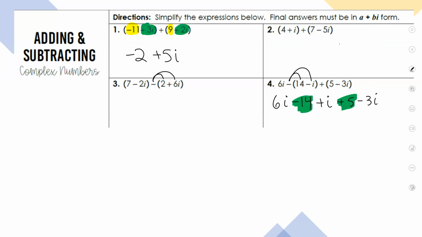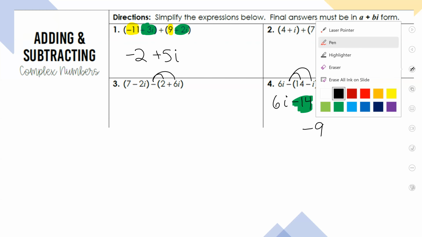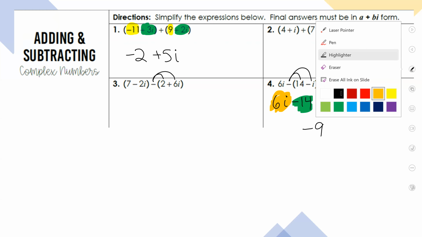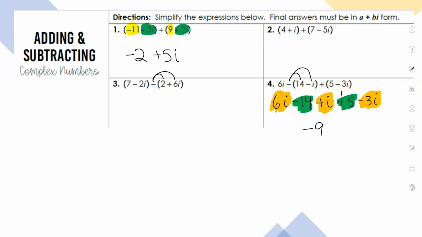So negative 14 plus 5 is negative 9. And then I'm going to combine the imaginary parts. So the 6i plus i is 7i, minus 3 would become 4i. So this is 6 plus 1 is 7, minus 3 is 4. So this will be plus 4i.